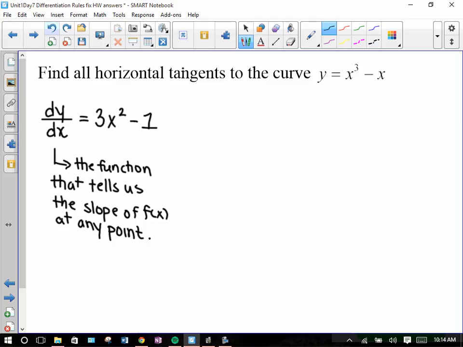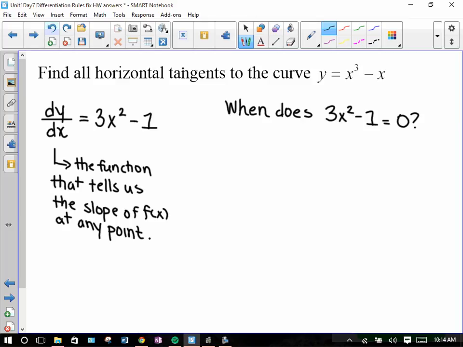So when does 3x squared minus 1 equal 0? Now, a couple ways to do this. One way would be to try to factor it.